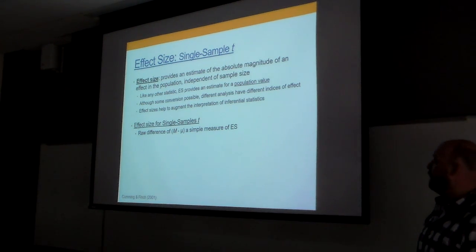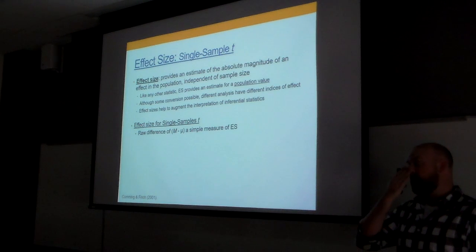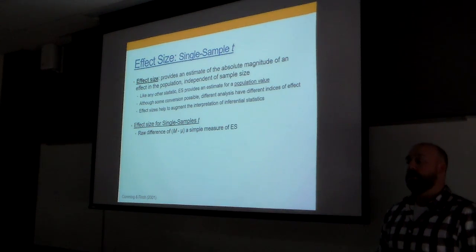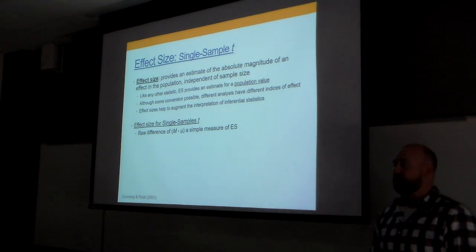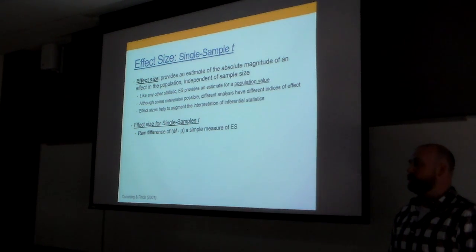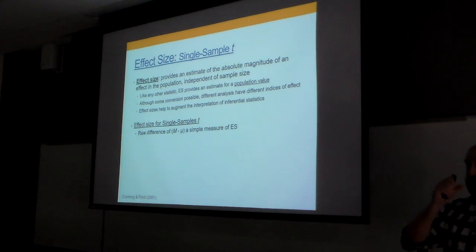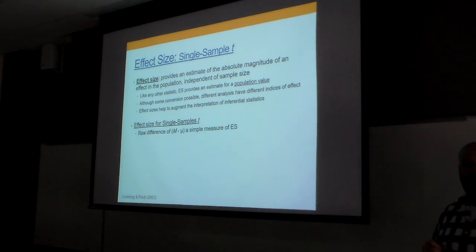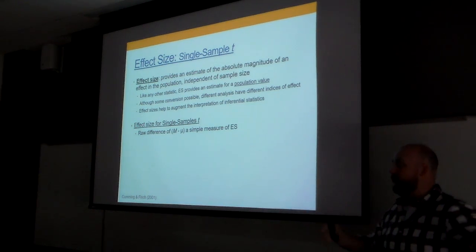And so I can say, well, I know what the population mean is. So let's have an estimate of what the mean income is for university graduates. And then I'm going to get a sample of psychology undergraduates. Then I want to see if they make more or less, right?